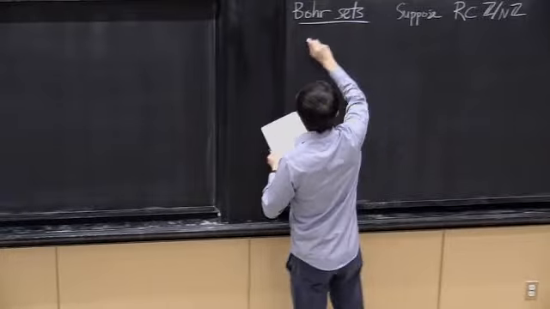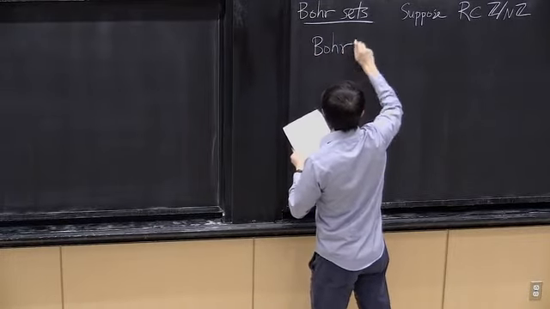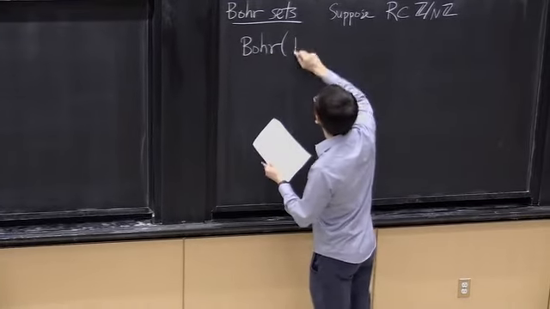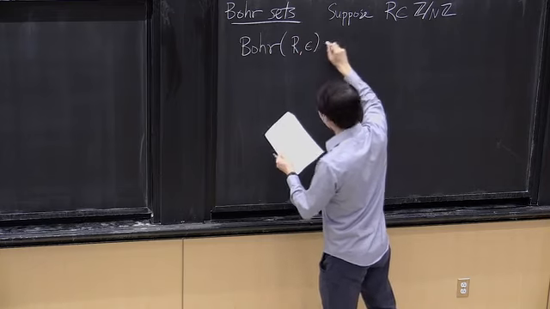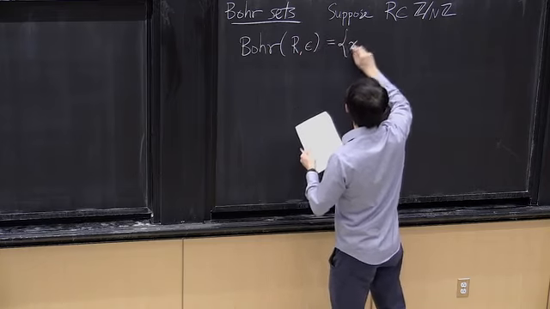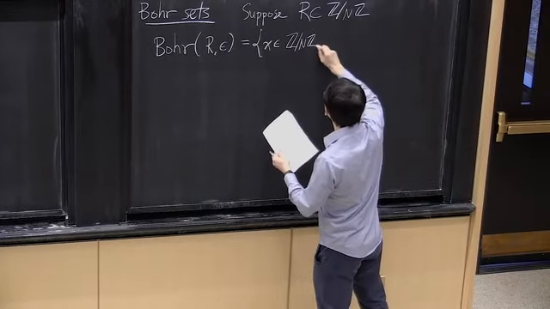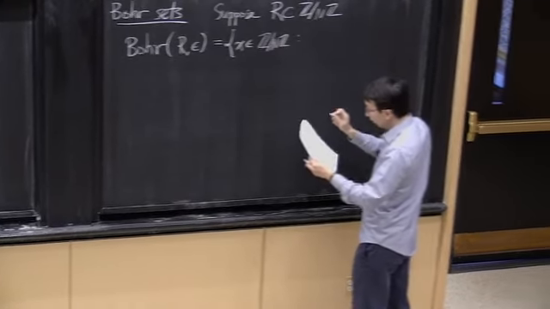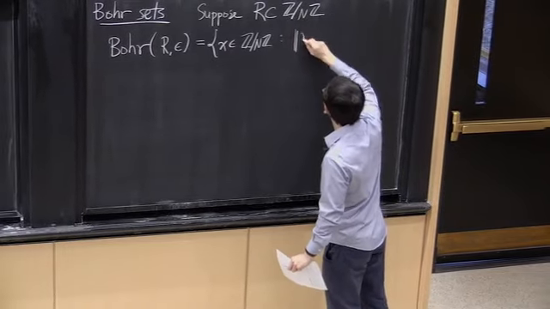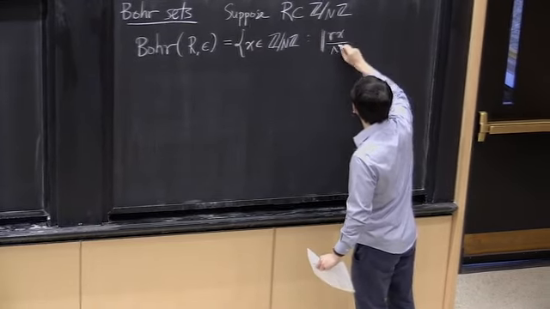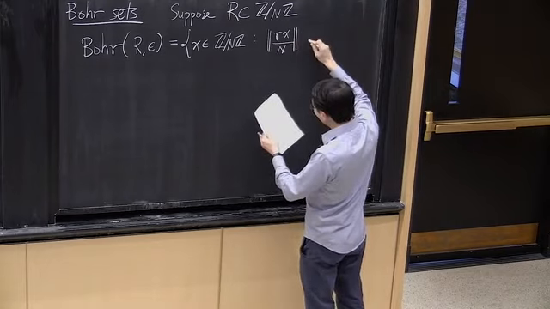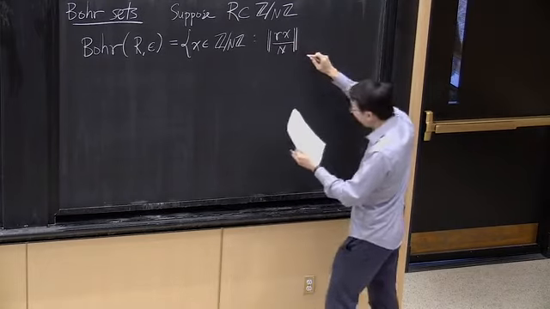We define the Bohr set, denoted Bohr of R and epsilon, to be the subset of Z mod n, including elements x, such that rx over n is pretty close to an integer.